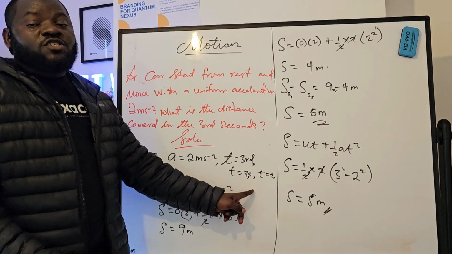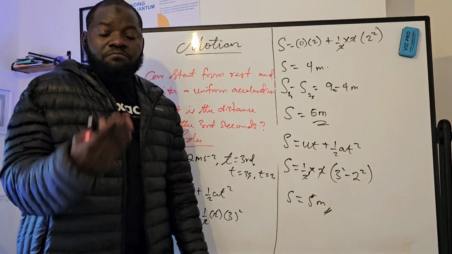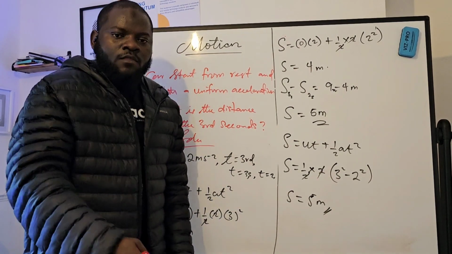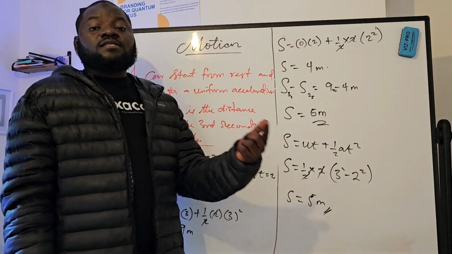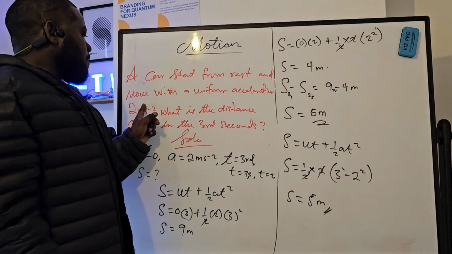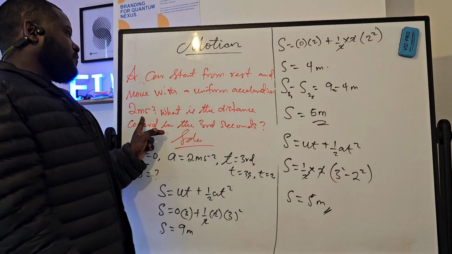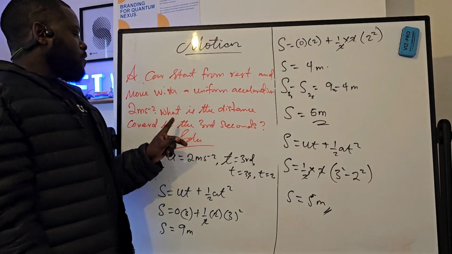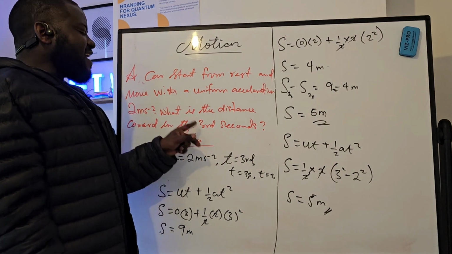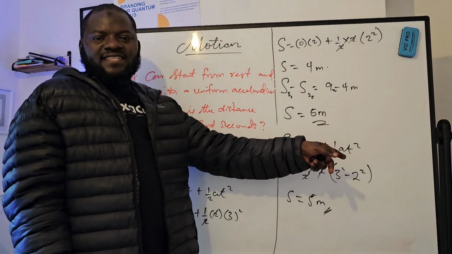So whenever you see a question like this, you solve it like this. And sometimes the examiner can be so easy, and they can tell you that a car starts from rest and moves with a uniform acceleration of 2 meters per second square. What is the distance covered in the last 1 second? Are you getting it now?